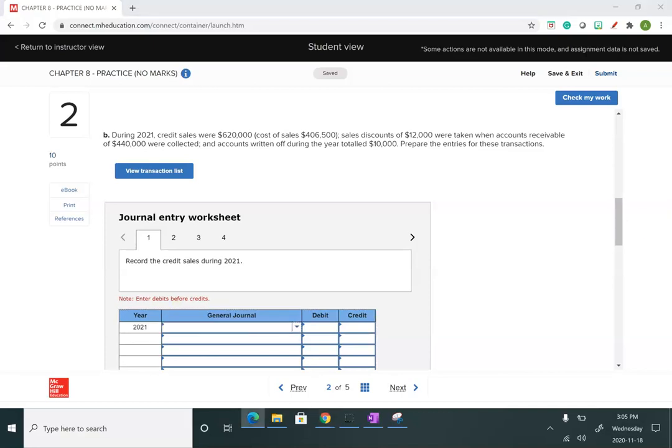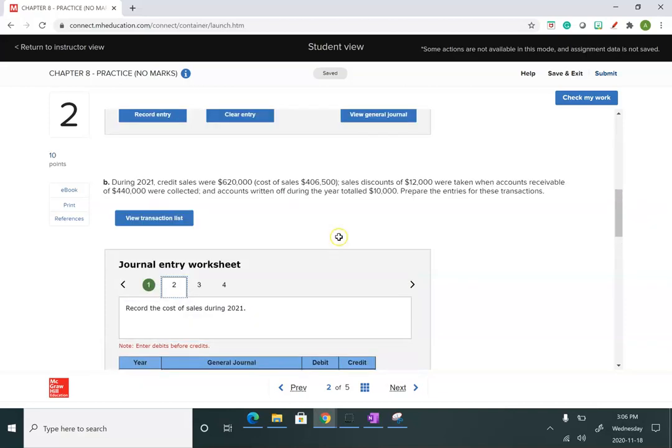So I'm just going to make a journal entry. So credit sales means that they're all accounts receivable, so we don't receive the cash right away, for $620. And sales for $620.